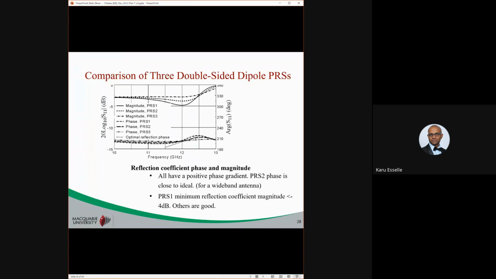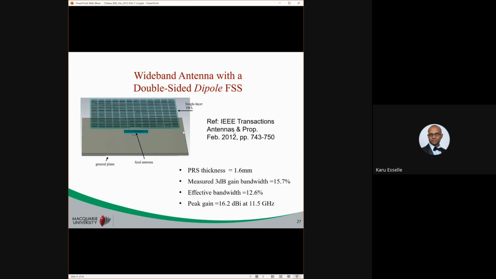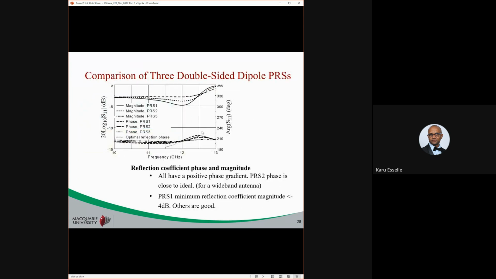That's why if you see our paper, in the name it says the inversion of the reflection coefficient gradient. That's what we did. We changed it from negative to positive.